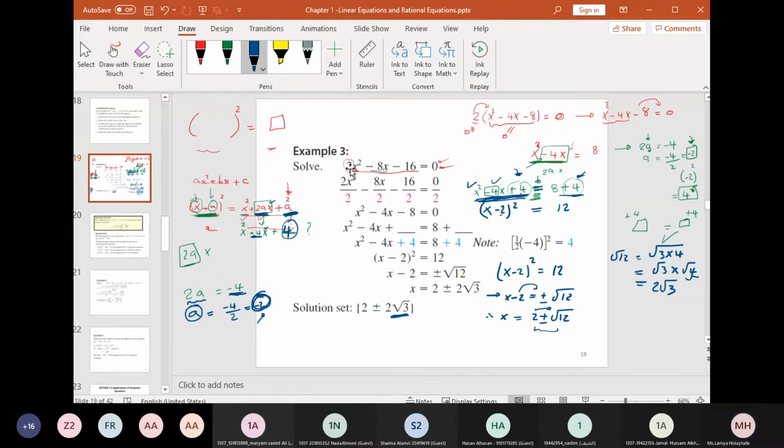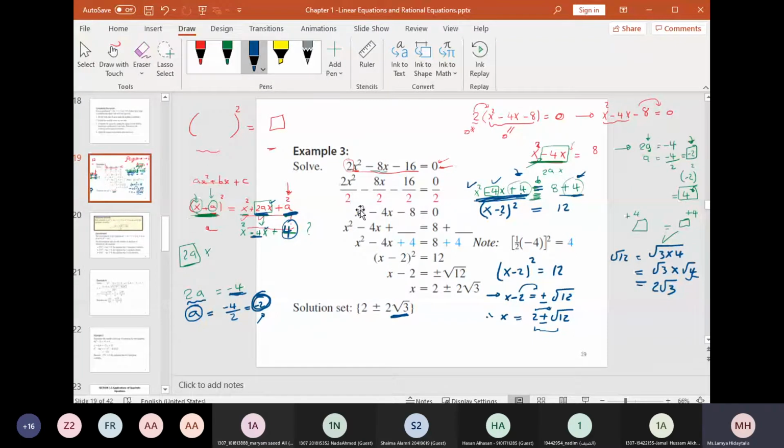Then we divide all terms, and what we do on the left hand side we have to do on the right hand side, so all the terms will be divided by that coefficient, and here it is 2. So we divide all of them by 2, and the coefficient of x square is now 1. Then we take the constant to the other side.